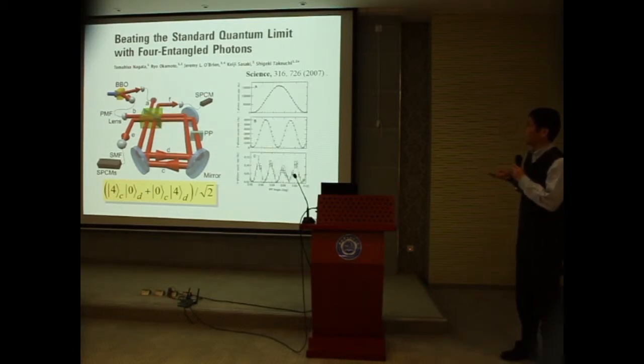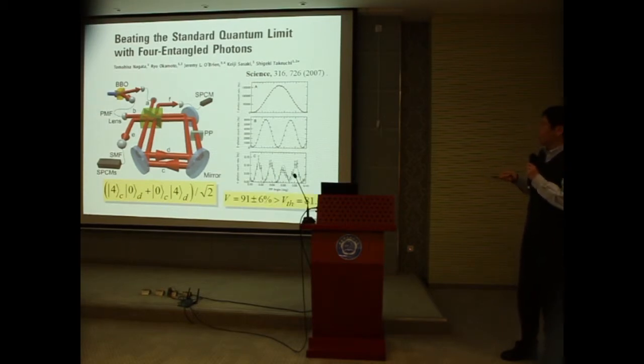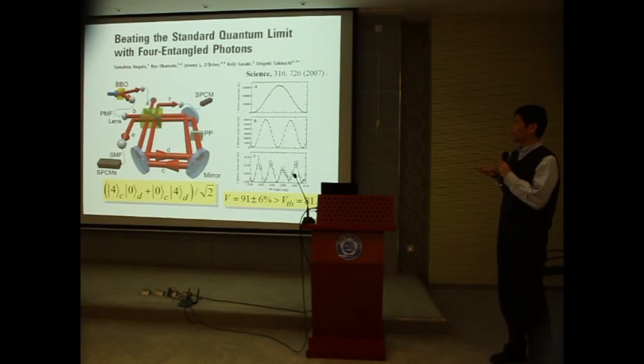And the observed interference fringe recorded a high visibility of 91%. This is better than the threshold visibility of 82% to beat the standard quantum limit.